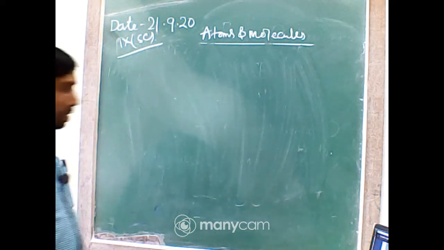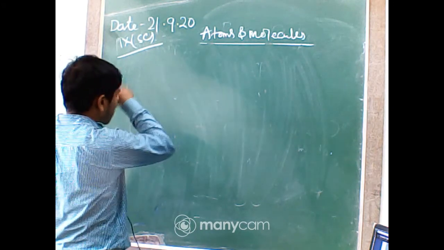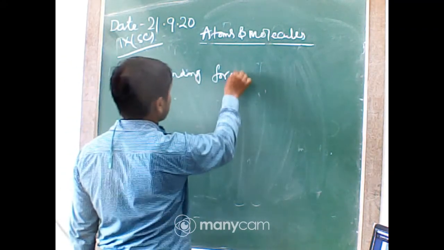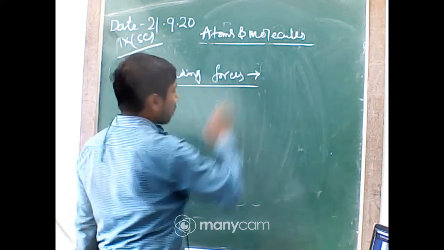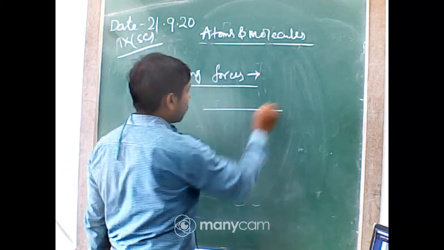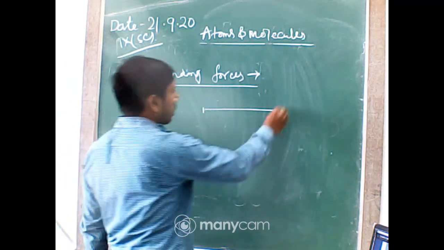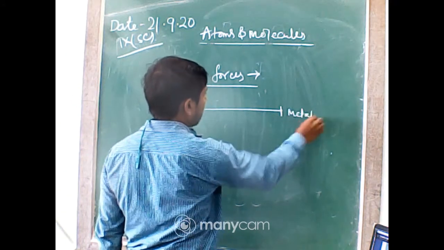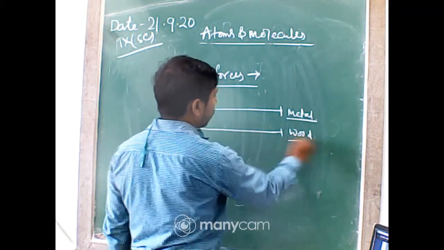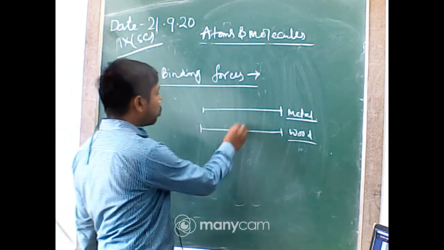Next is the concept of molecules. Now before going to the concept of molecules, there are some binding forces. What are the binding forces? Just think about one metal rod. Now if it is a metal and if it is wood, in which one will less force be required to break it into two parts?